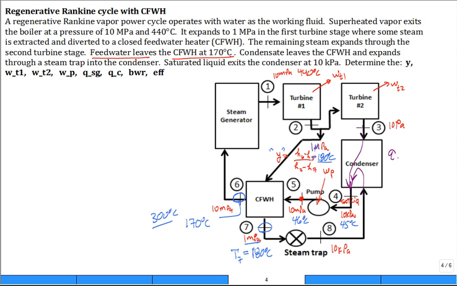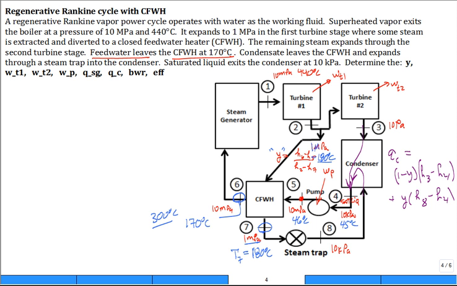So Q of the condenser is the sum of two parts. It's the sum of 1 minus y times H3 minus H4 plus y times H8 minus H4. Okay.